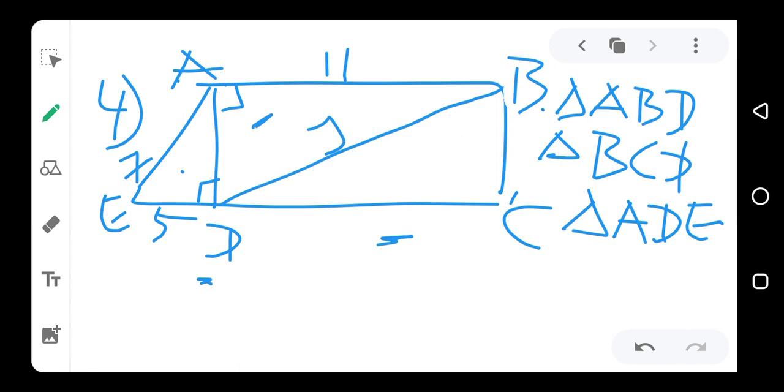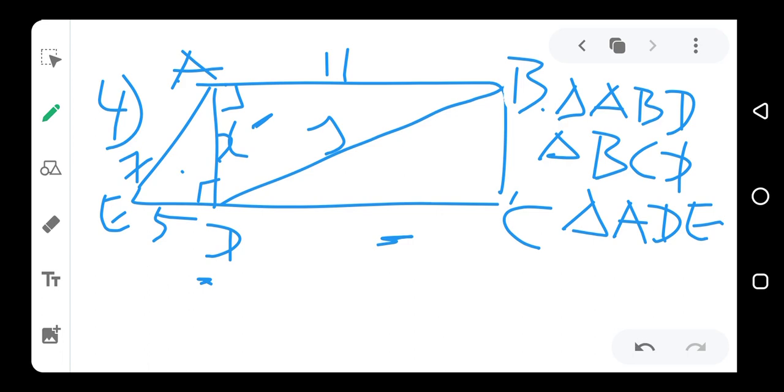Here is X. For ABD, we only have one side, AB, which is 11. We don't know line BD and we don't know line AD. For ADE, we know line DE as 5 and we know line AE as 7. We are looking for line AD. Line AD is X. Now which side is the hypotenuse?